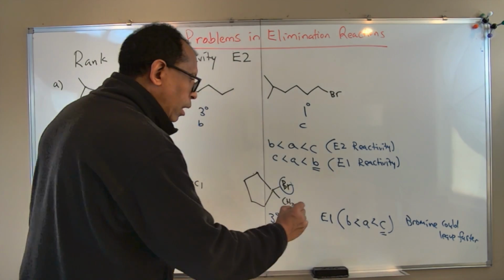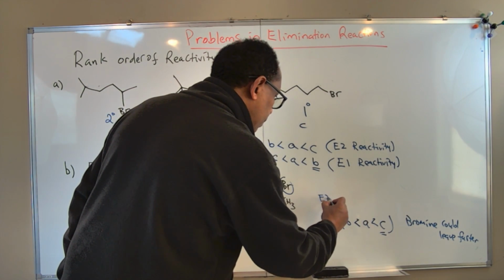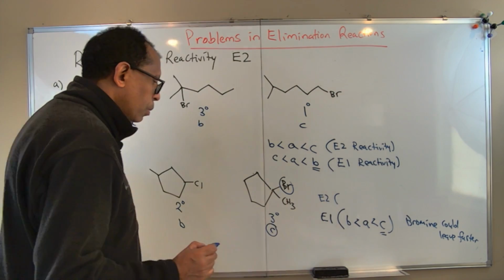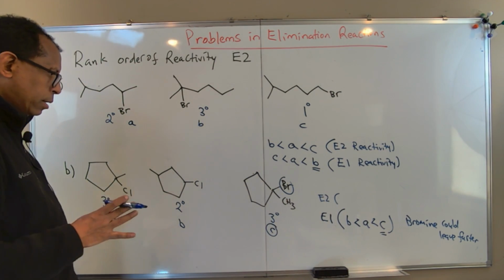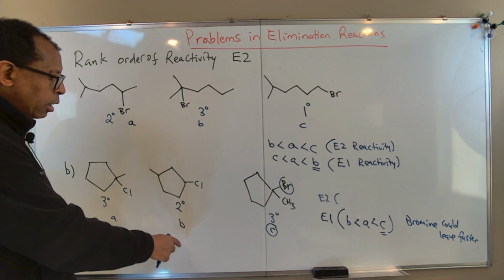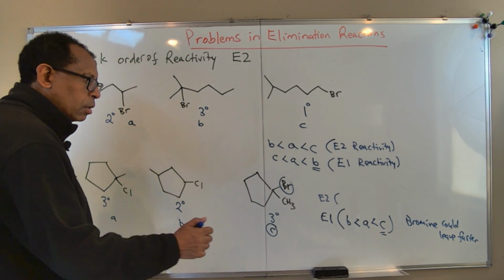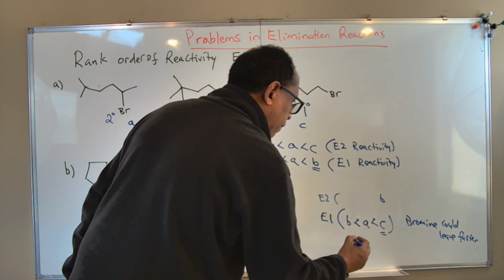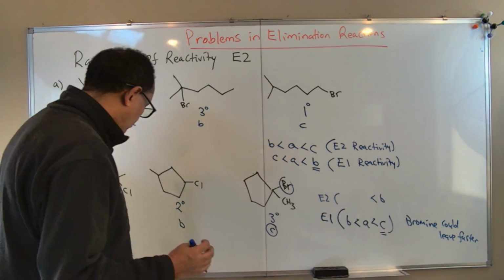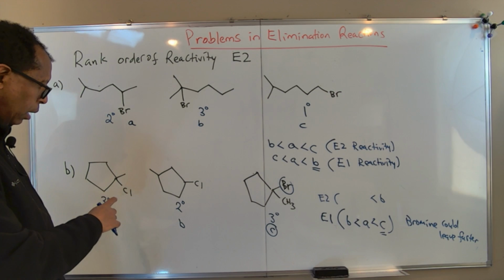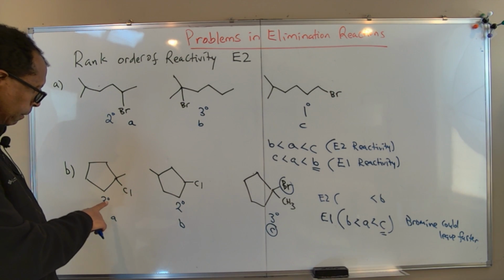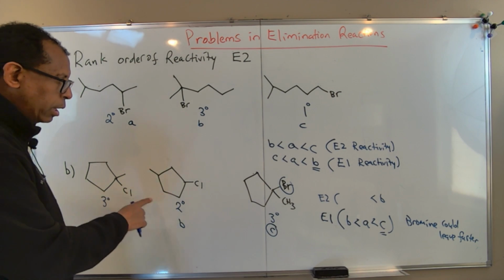How about for E2? In E2, the less hindered one is the fastest reactive, so B would be the fastest. Okay, so B would be here, that's the fastest. And the next less would be between chlorine and bromine.